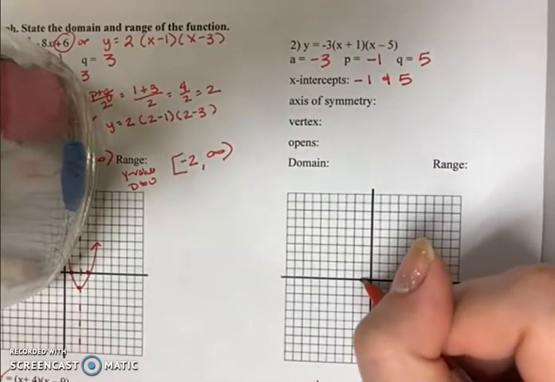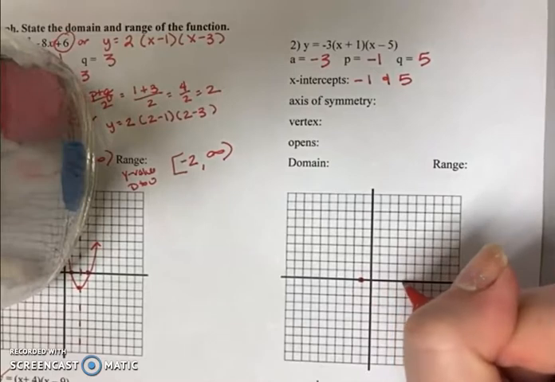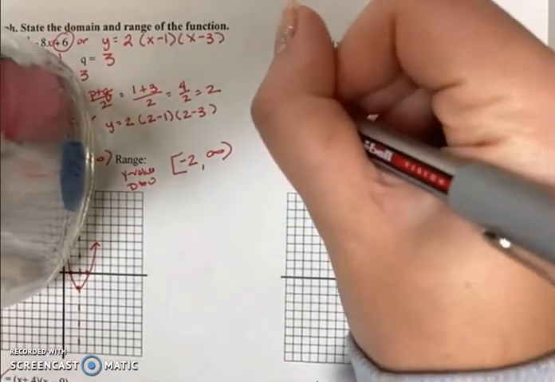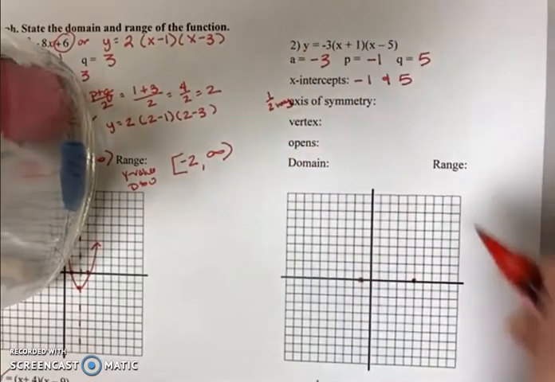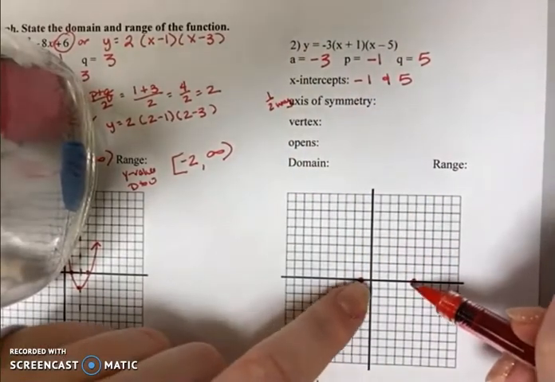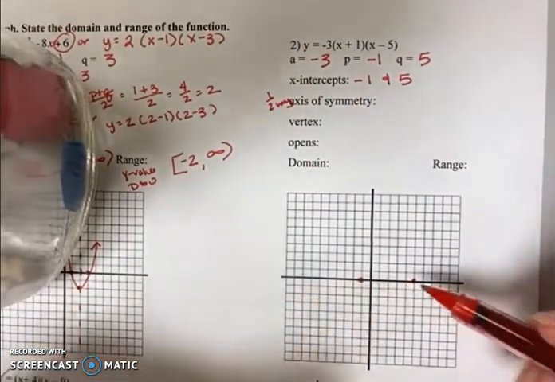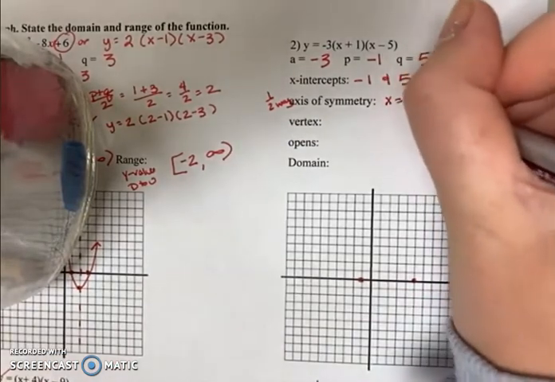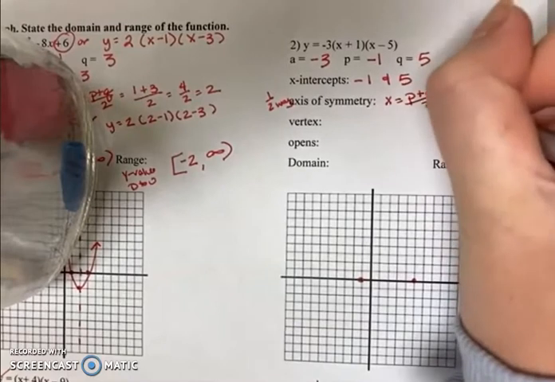Here's negative 1 here, and 1, 2, 3, 4, 5 is right here. The axis of symmetry, remember, is exactly halfway between. So we could start at our intercepts and work our way in to find the middle, or you can just use x equals p plus q divided by 2.